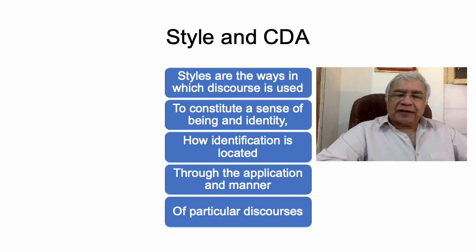For example, if we want a particular community to be given preference, we will identify it with preference. In the same way, if we expect that resistance would be there, how that resistance is to be quelled and softened, a particular identity of the discourse will be developed. So discourses have their own style with regard to their identity as well.